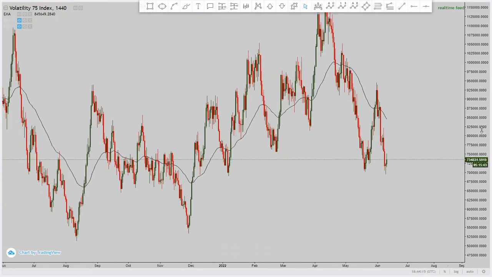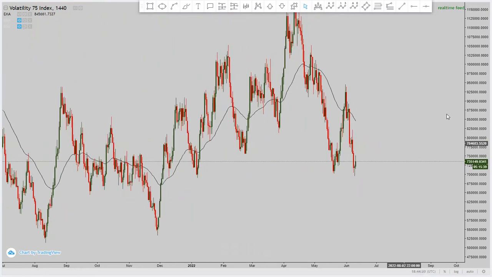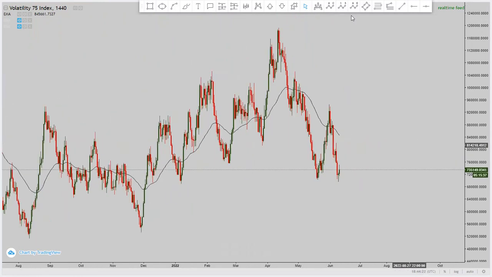Just looking at the daily time frame, you can actually see that overall we have started to form a bearish market structure. Lower highs, lower low, lower high, lower low, lower high. Now here, price came back to this low and failed to break that low.